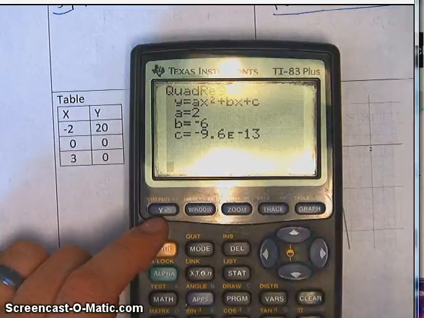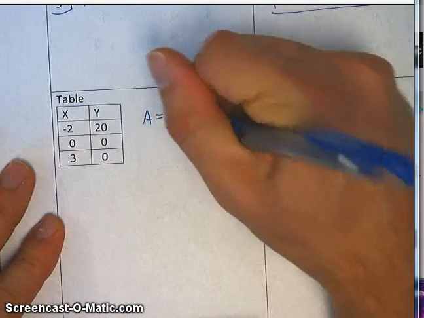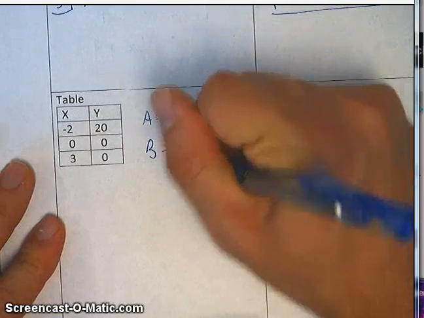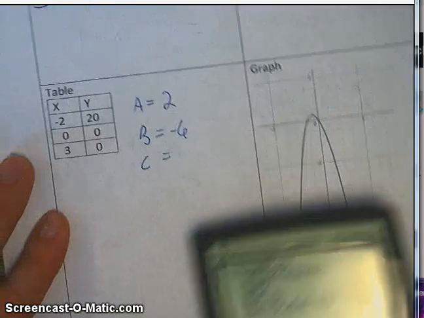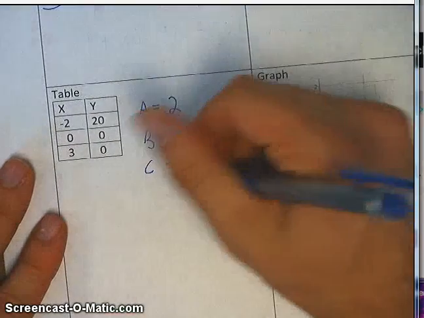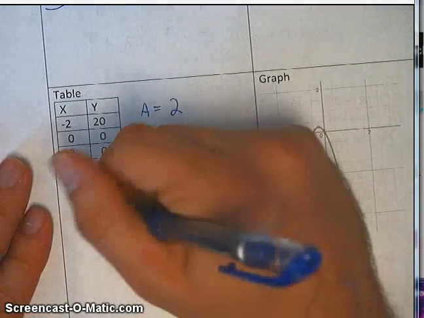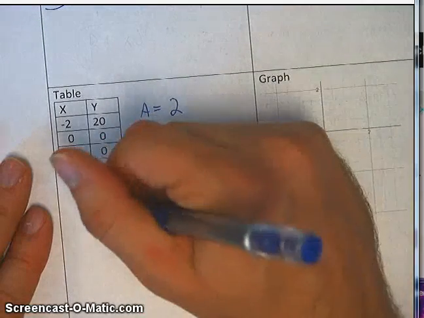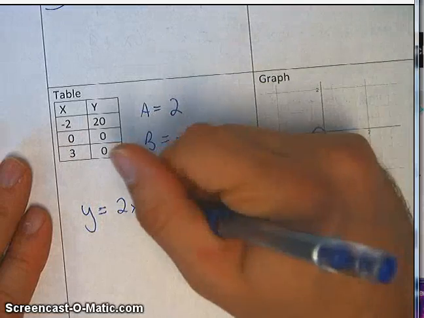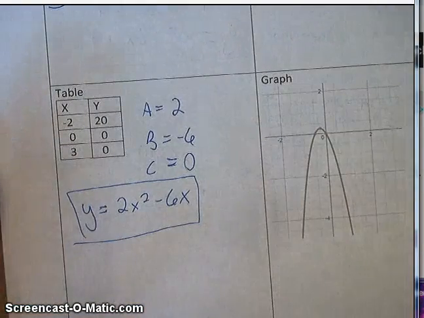So it's really close to 0. We're going to go ahead and call that 0. So A equals 2, B equals -6, and even though the calculator didn't do a very good job of saying it, C is 0. Really close to 0. We'll go ahead and call it 0. So the equation is y equals 2x squared minus 6x plus 0, which is just this.